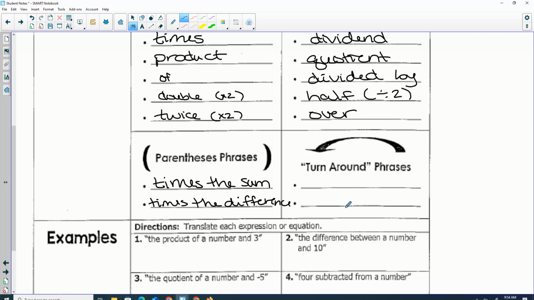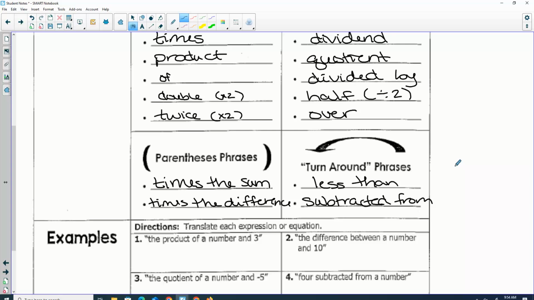So less than, we have to switch the order. So if I say 4 less than, we have to put a minus 4 at the end. Same thing when I say subtracted from. If I said, I have 5 subtracted from my total, I have to do my total first and then the minus 5 on the end.